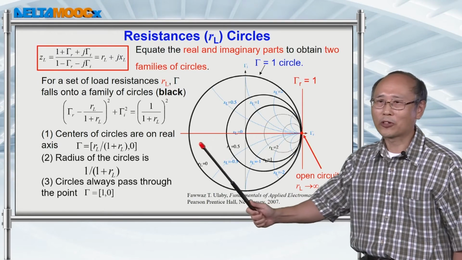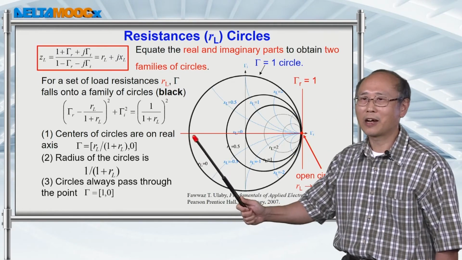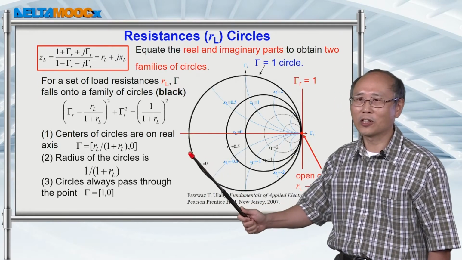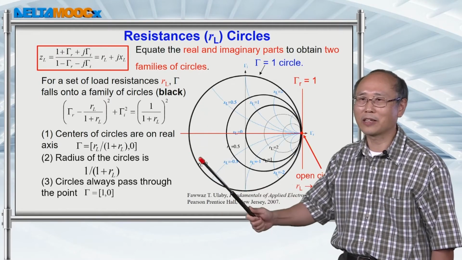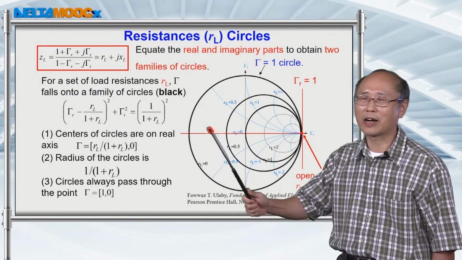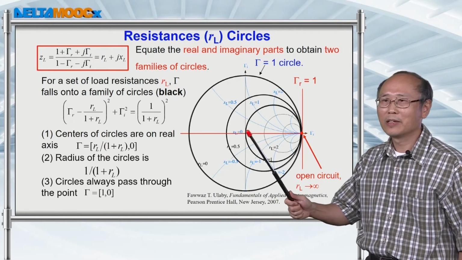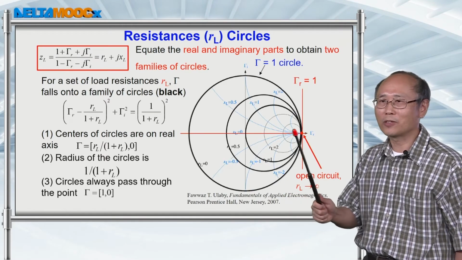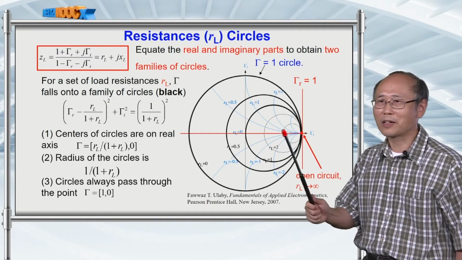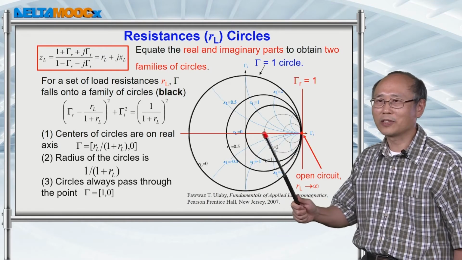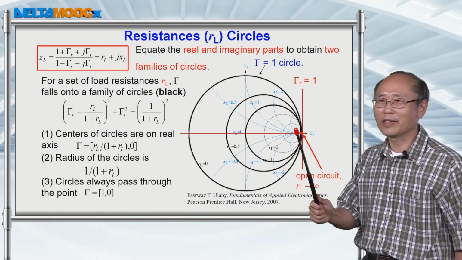But if you have a short circuit transmission line, you'll have a circle like this, which is the largest circle on this plot. And between this range of values, you're going to see that RL is between 1 and infinite.